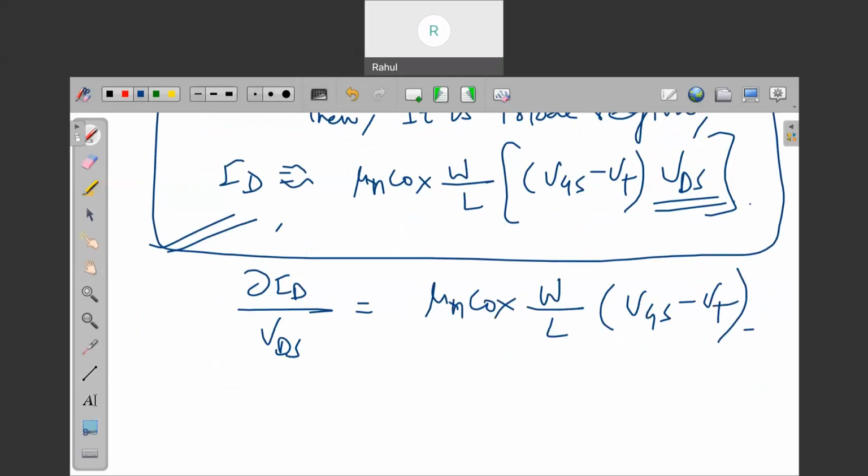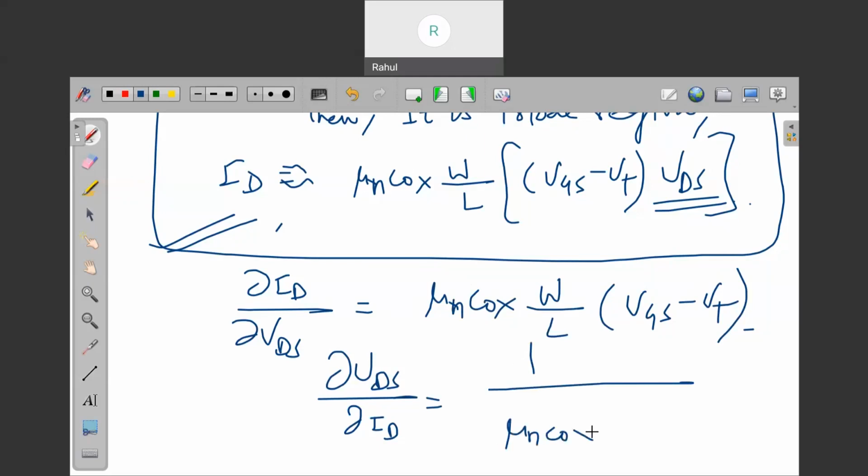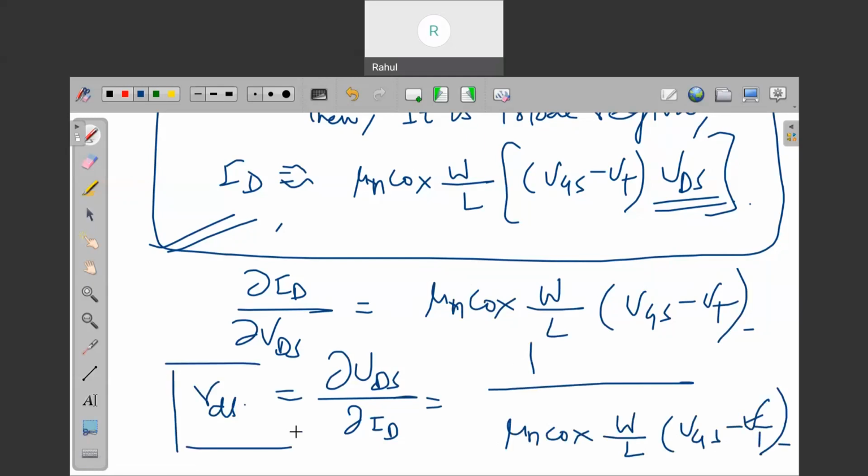Okay, so from here you can say dVDS by dID will be equal to 1 upon mu n Cox W by L, VGS minus VT. Right. So this will be RDS, resistance in the triode region. So your MOSFET behaves like a resistor, okay, in the triode region, if VDS is far less than VGS minus VT, right? Remember. Okay.